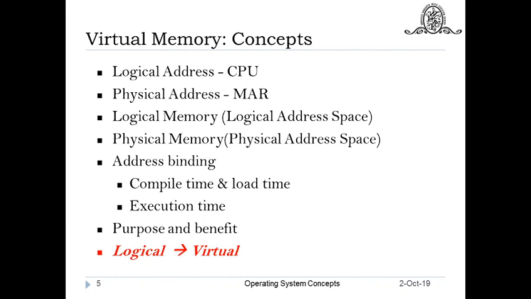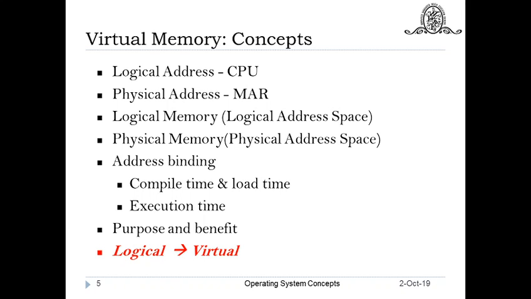When any process is executed by the CPU, the CPU binds some address to the process and that address is called logical address. So the address generated by the CPU after execution of any process is called logical address, and the collection of all these logical addresses is called logical memory or logical address space.